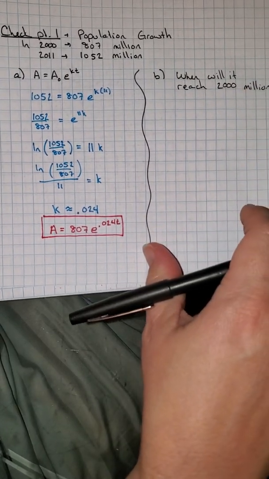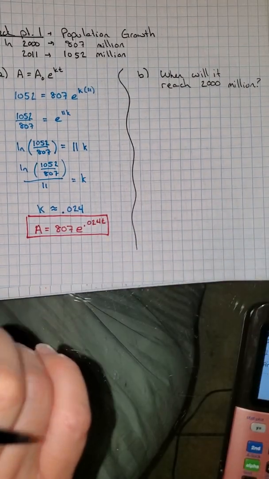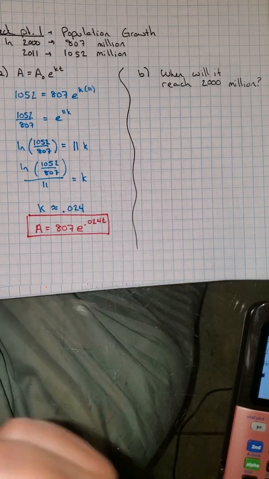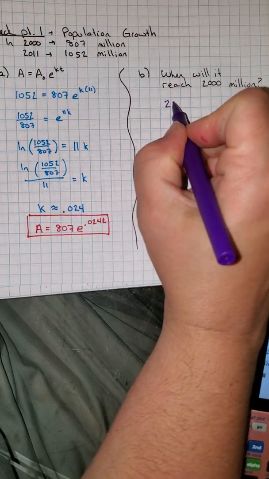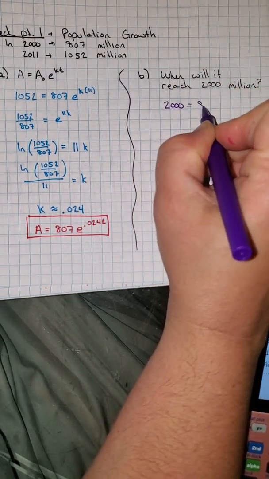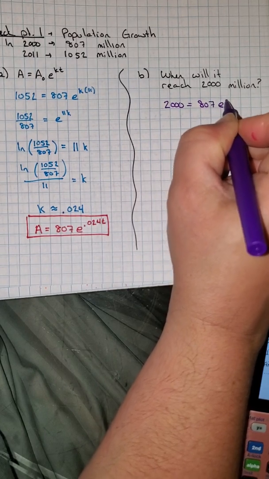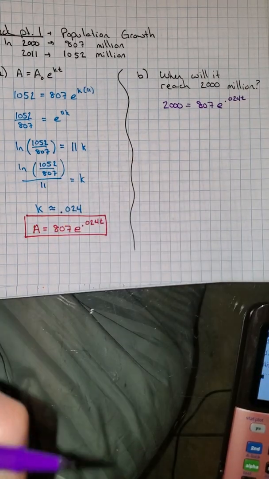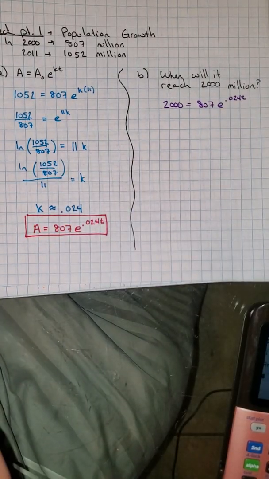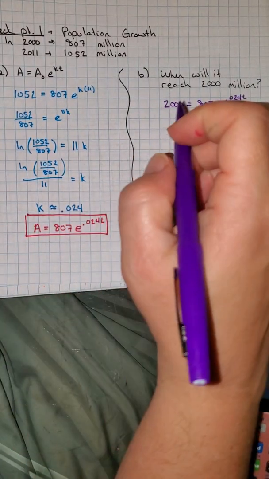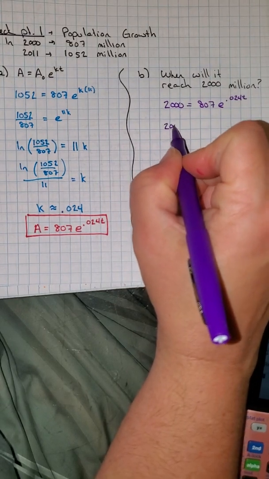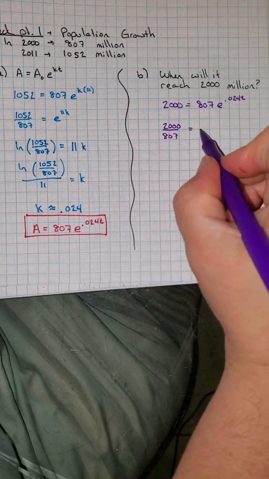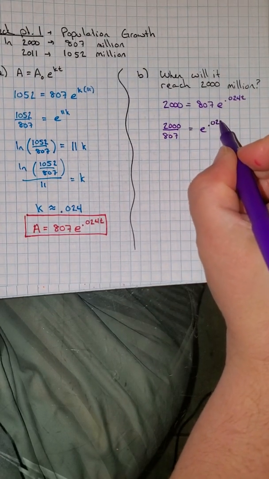Okay, so to solve that, we're going to use the equation from part A. That would be our A. So 2,000 equals 807 e to the 0.024t. And we're going to solve it the same way we did the one before. So divide by 807, equals e to the 0.024t.